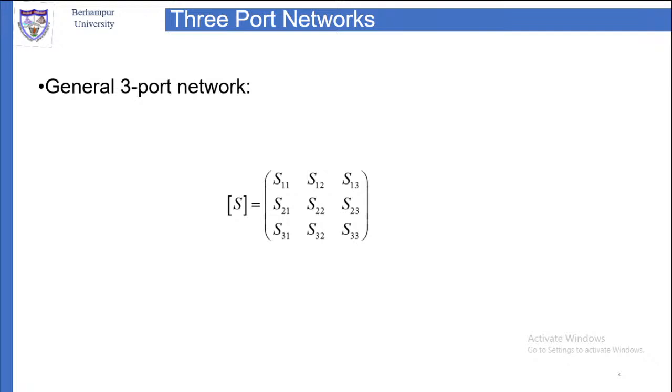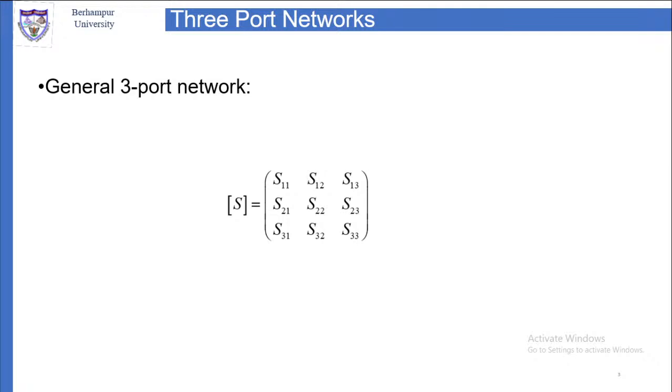If we have a 3-port network, then its S matrix will be of this form: S11, S12, S13, and S21, S22, S23, S31, S32, S33. It is a 3 cross 3 matrix. The S matrix of a 3-port network, as you know, is a 3 cross 3 matrix.